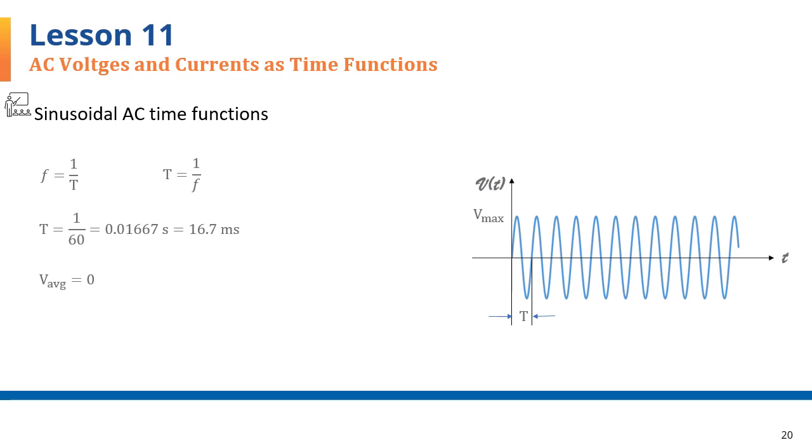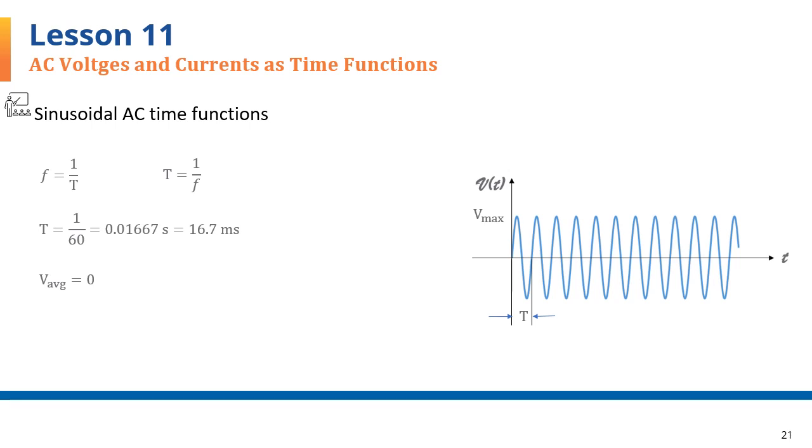Closely related to the quantity Vmax is the effective value of the voltage, which is alternatively known as the RMS value. In power engineering, we almost never work with the maximum value that a voltage time function takes on, but with the effective value of the voltage or current.